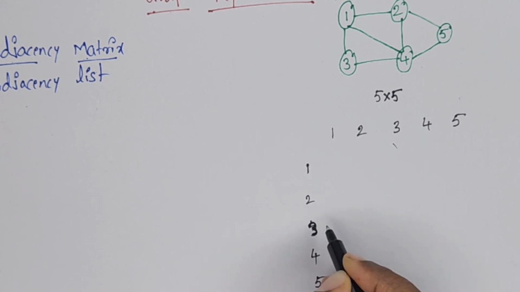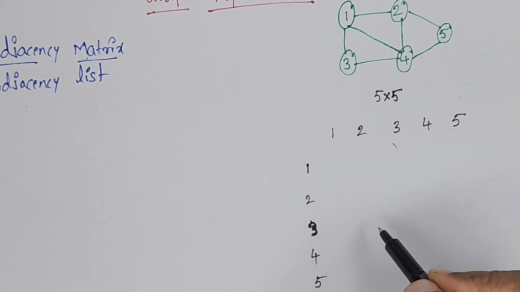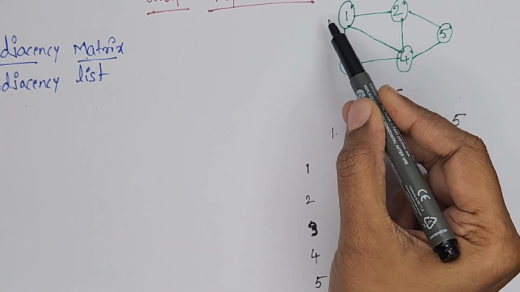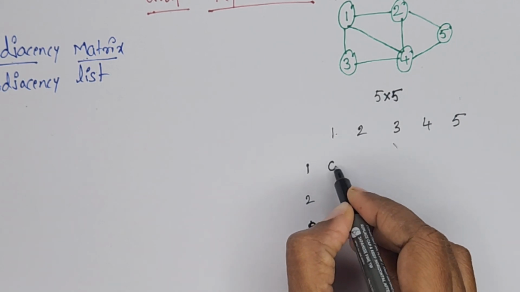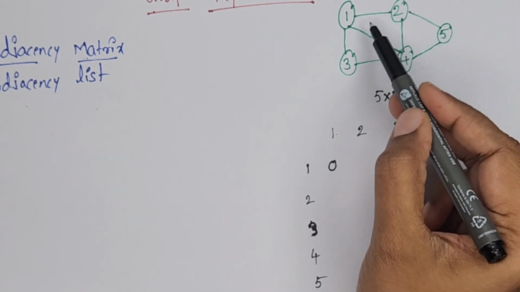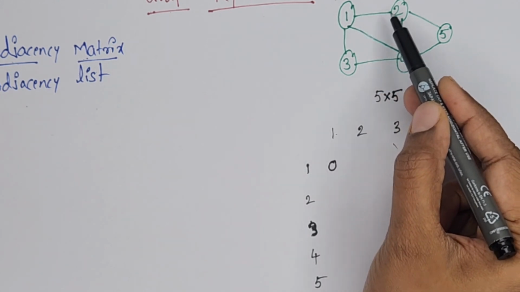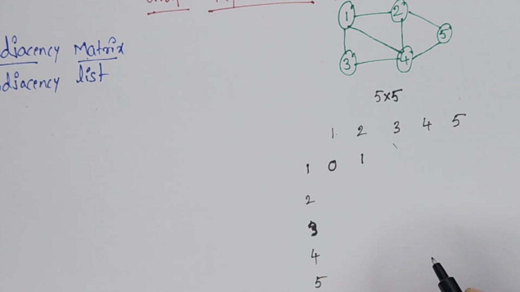Now, how to assign values to this matrix? These are rows and these are columns. From 1 to 1, is there any edge? No. Then assign the value 0. Now, 1 to 2, edge is there? Yes. All these are undirected edges, so this edge is between 1 to 2, 2 to 1. So the value is 1.